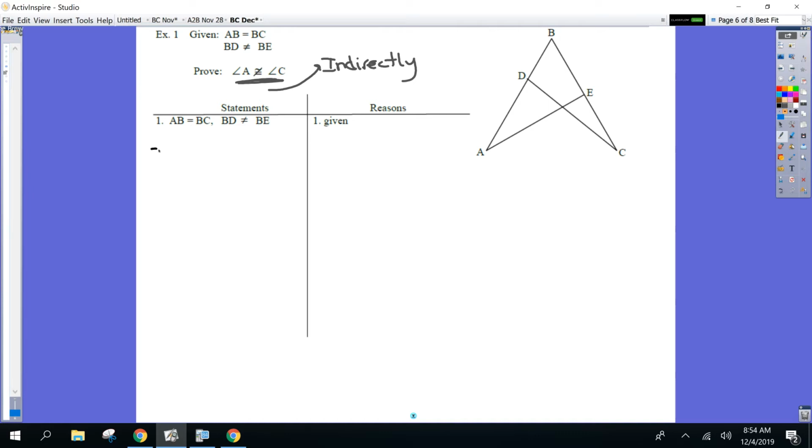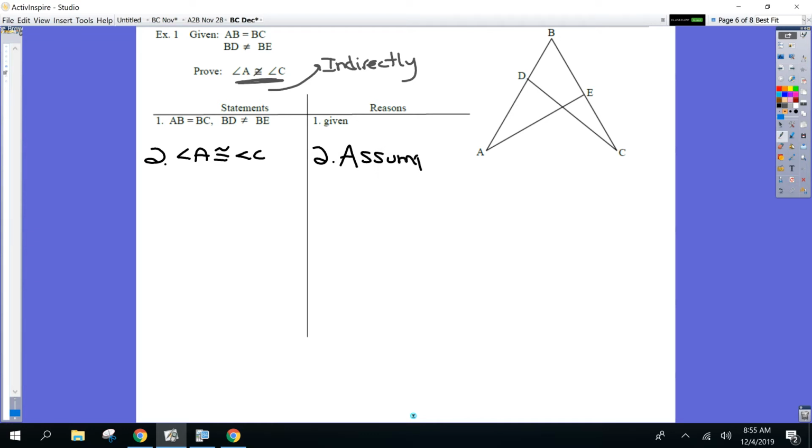The second step now, in our indirect proof, is that we assume the opposite of my proof statement is true. What's the opposite of angle A not equal to angle C? So we are going to assume that they are equal to each other, and the reason is assumption.